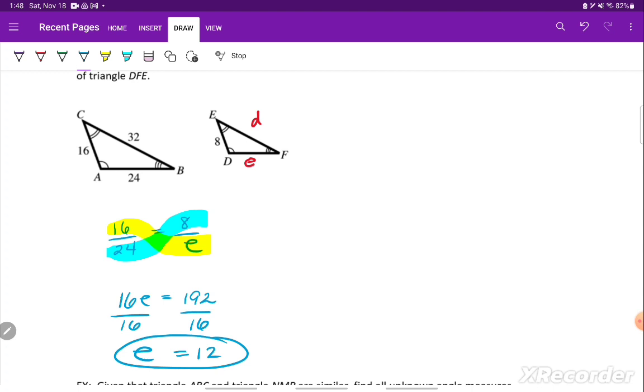So we'll do something similar to find our side d. I'm going to do the proportion left side over top side equals left side over top side. That gives us the proportion 16 over 32 equals 8 over d.